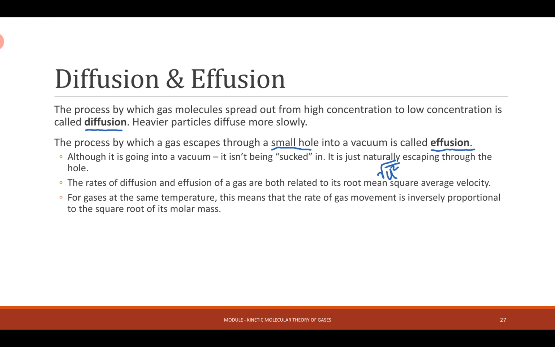And that means we can take the ratio of, we said that was also equal to the square root of 3RT over M. If we're taking that ratio, the 3, the R, and the T are going to be the same for both gases. And so that means that the rate is going to be inversely proportional to the square root of its molar mass, because we got our square root term in here.